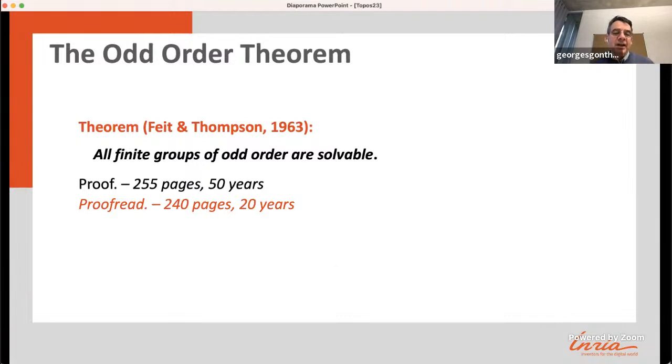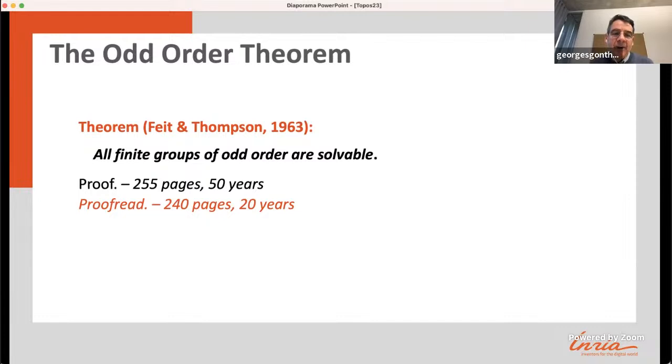To give you an idea of the relative sizes, the original proof by Feit-Thompson basically was 50 years in the making, and was about 250 pages. I mean, the theorem was first conjectured around 1913, so 50 years before a proof was found.